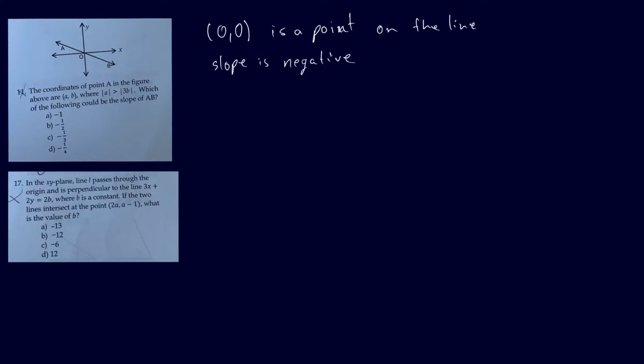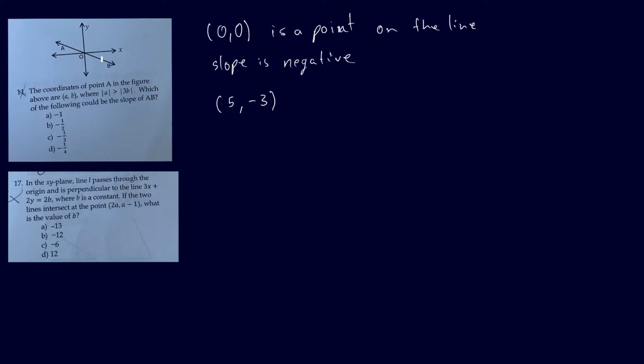Now, the first point, the fact that (0, 0) is a point on the line, means that if we were to select a point, like let's say over here, and let's just give it some random values, the x-coordinate could be 5, and the y-coordinate could be -3. Because (0, 0) is a point, we could get the slope by finding the difference of the y values and putting it over the difference of the x values.